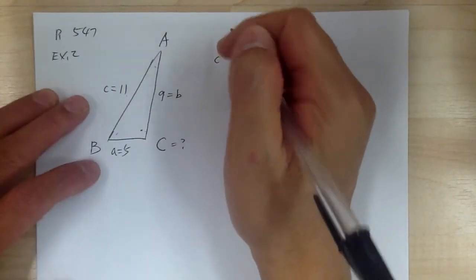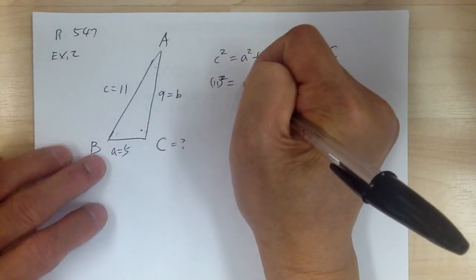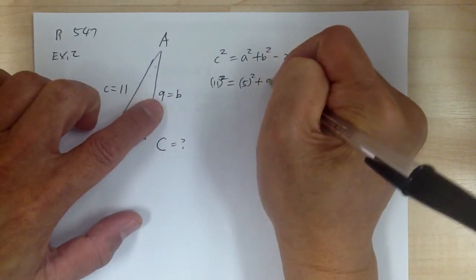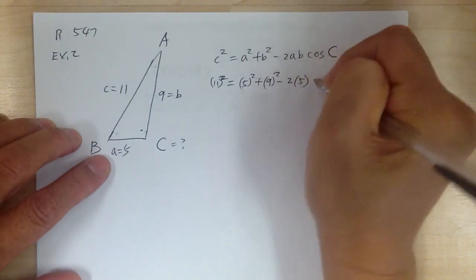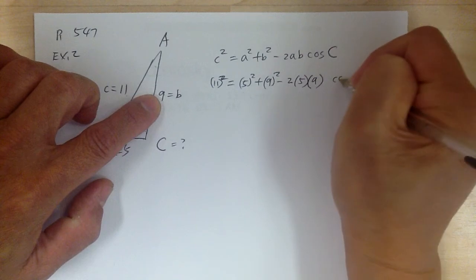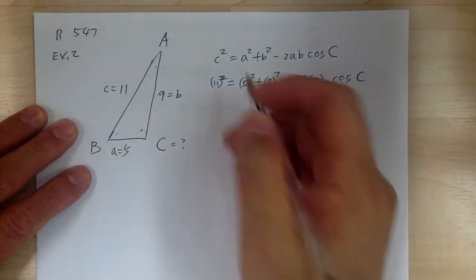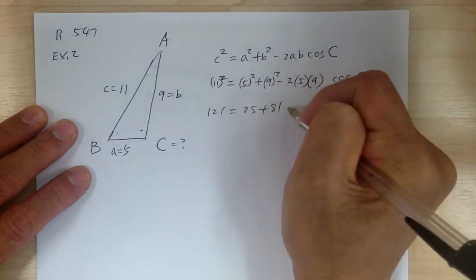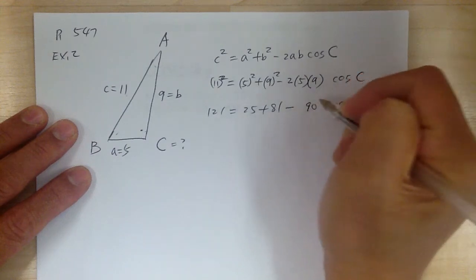So you're going to get 11 squared equal to 5 squared plus 9 squared minus 2 times 5, b is 9, cosine of C. Okay, so work it out. So 121 equal to 25 plus 81 minus 90 cosine of C.